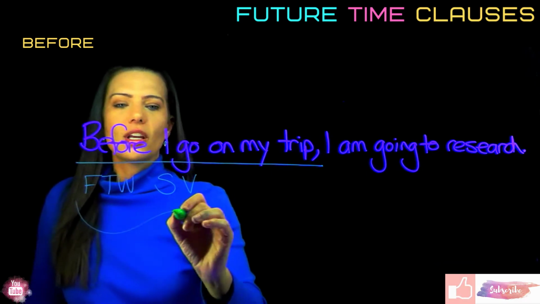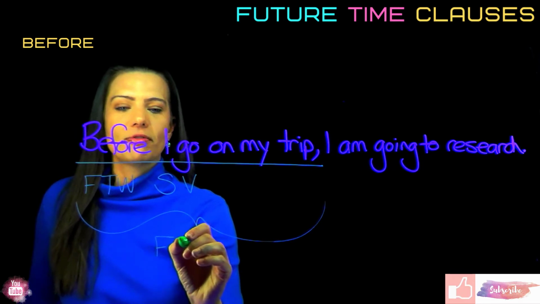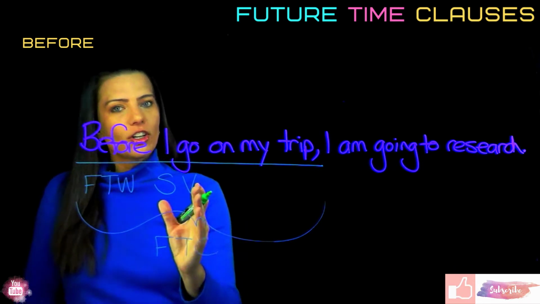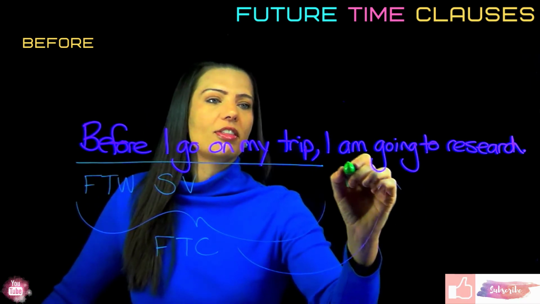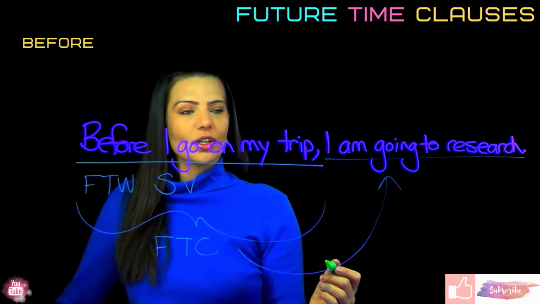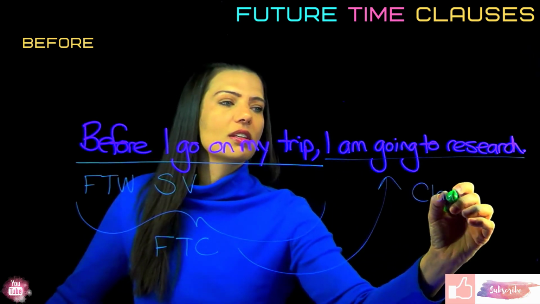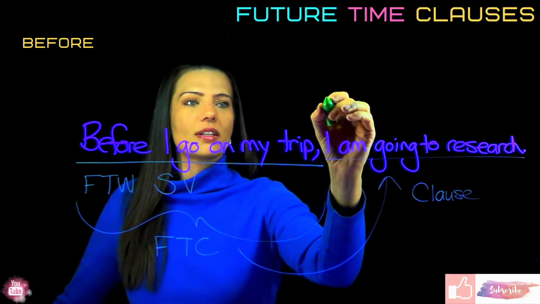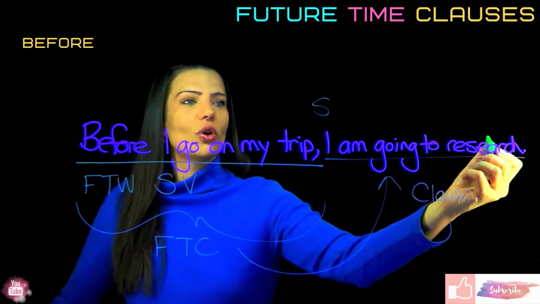The function of a future time clause, and we'll call this the FTC, is to let us know when this main clause is going to occur in the future. So in this clause here, and this is also a clause because we have a subject, I, and then we have am going to research.